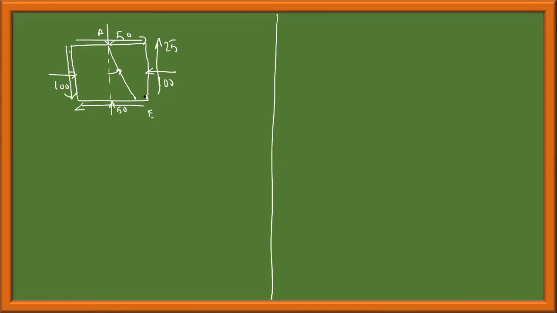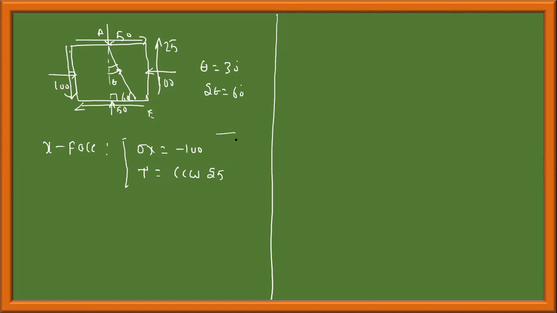He has given this angle as 60, therefore it will be 90 minus 60, which is 30. This is theta. Theta is measured counterclockwise, therefore 30, and then 2 theta in Mohr's circle will be 60 degrees. Next, I will write the x face: sigma x equal to minus 100, tau equal to counterclockwise 25.